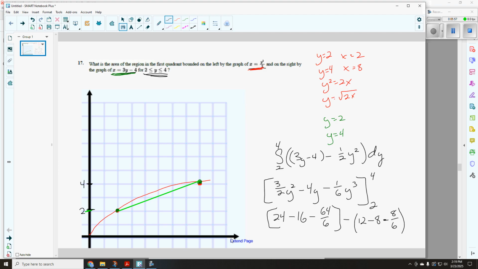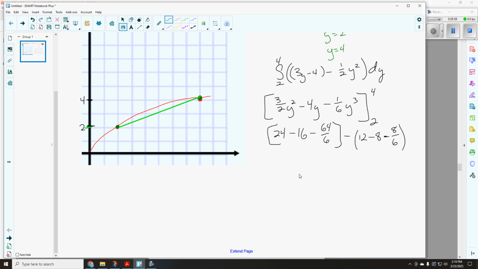Well, if I do a little bit of work on this arithmetically, 24 minus 16 is 8. And I'm going to leave that 8 minus 64/6. And then it's minus, well, 12 minus 8. Stop. I made a mistake.